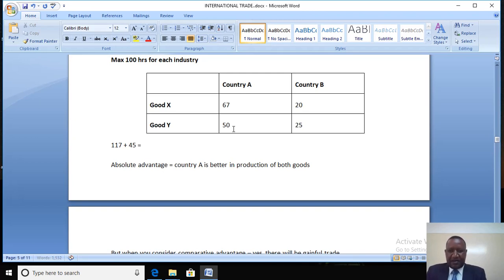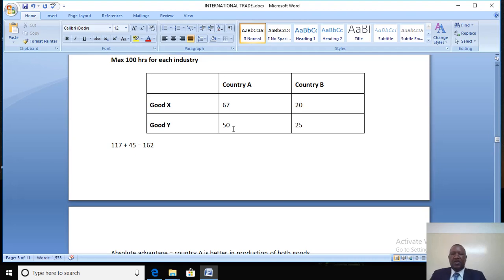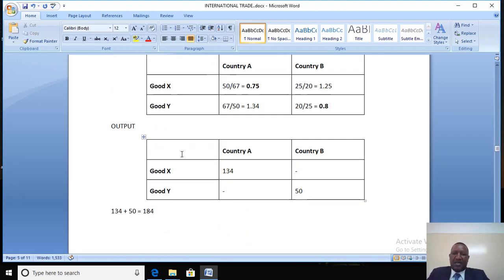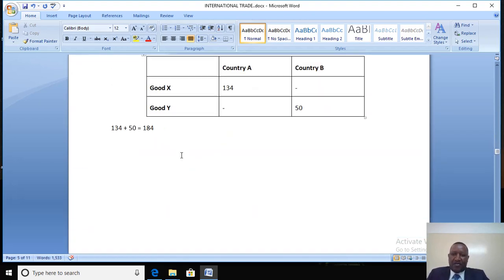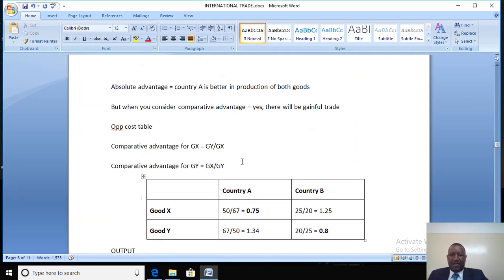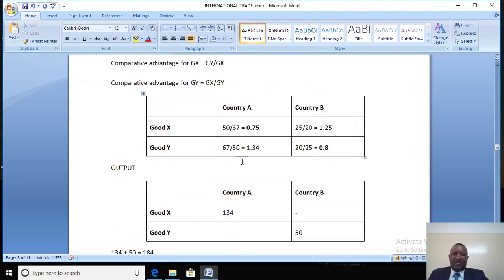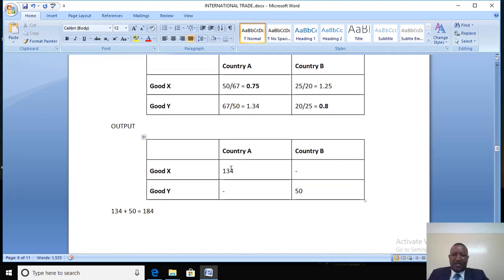Add that together, you should have 162. So 162 compared to 184, 184 is better. So there is gainful trade between the two countries. So what will be the gainful trade? Country A must focus on producing good X and import good Y from country B. Country B must focus on producing good Y and import good X from country A.